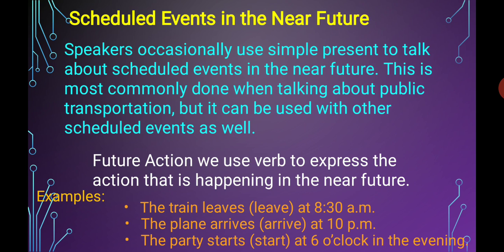Or we can say that the party starts at 6 o'clock in the evening. We go for the party at 7 o'clock, as I told you. Understand? If this type of schedule is in the sentence, then you can identify this is a simple present tense.